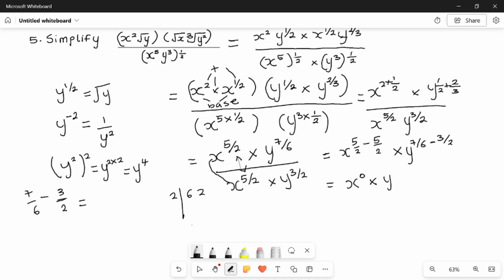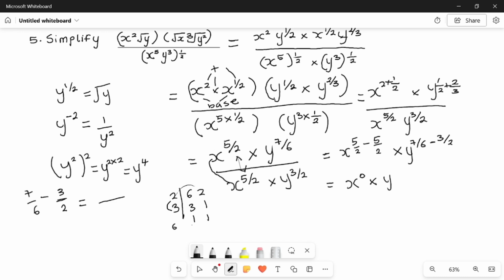We take 2 here, come here, 6 divided by 2 will give us 3. And we take 2 divided by 2 gives us 1. We go again, take another 3. 3 can divide this one. So 3 will enter here 1, and here will still remain as 1. So 3 times 2 will give us 6.